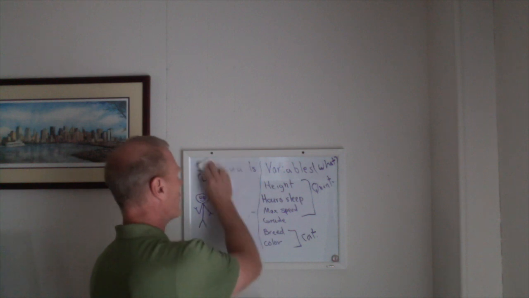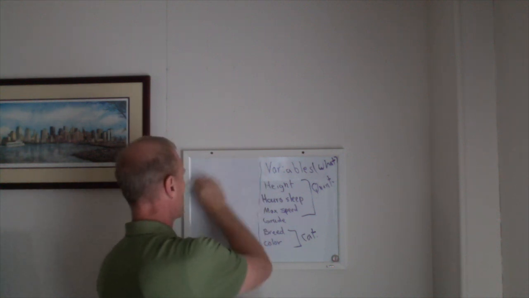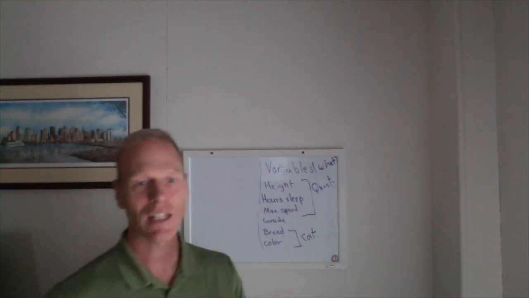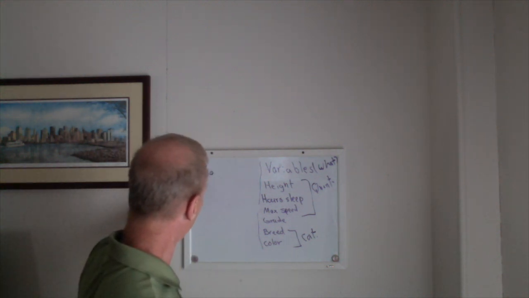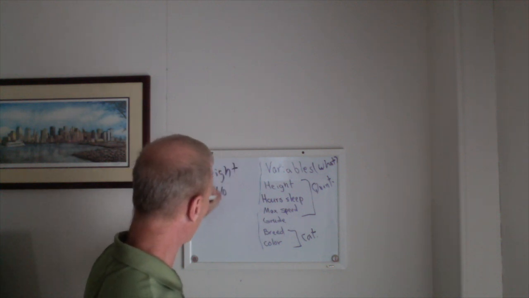Once I have this information here, my variables, what I might be interested in doing is displaying just one particular variable. Let's say height. And I'd write down some heights.